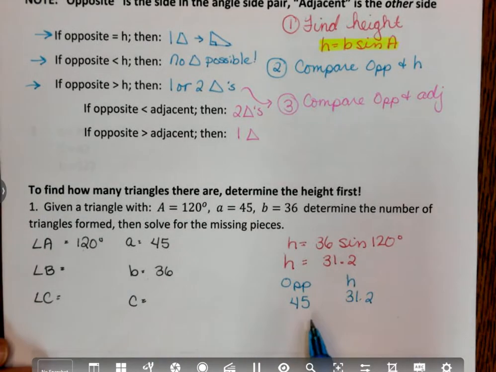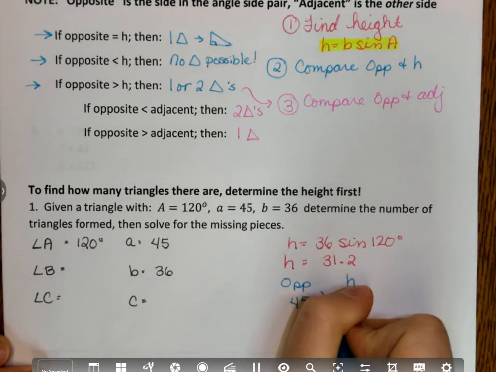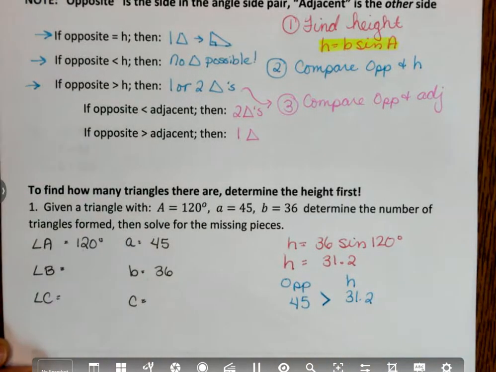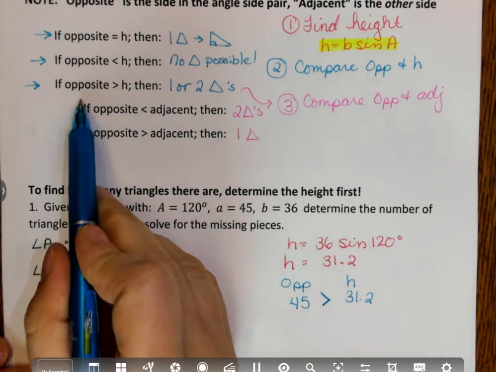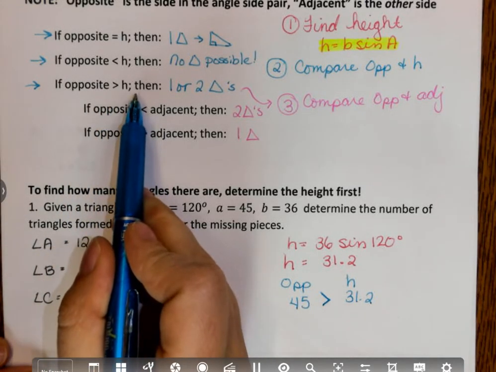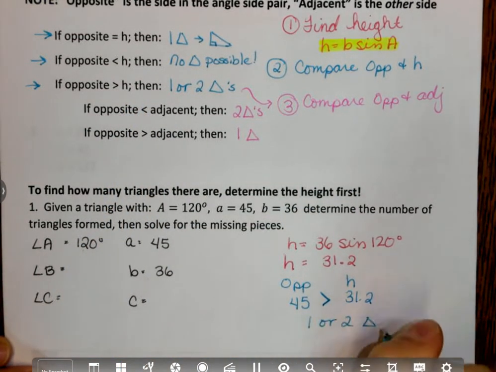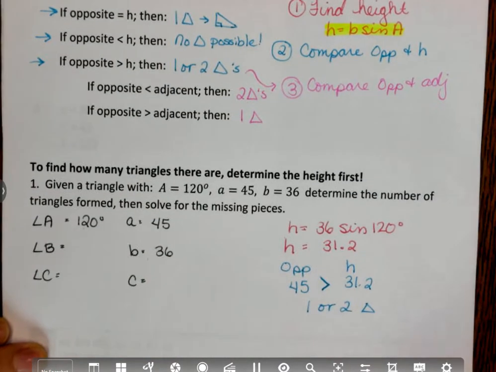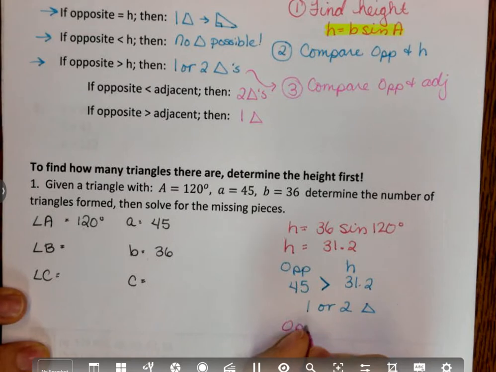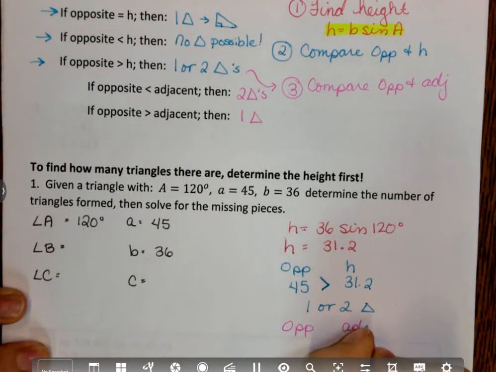So if I'm thinking about the opposite and the height, the opposite is bigger than the height. And if the opposite is bigger than the height, then what's true? I'm going to have one or two triangles, and I have to figure out which one that's going to be. So to figure out which one, I'm going to compare this time the opposite to the adjacent.